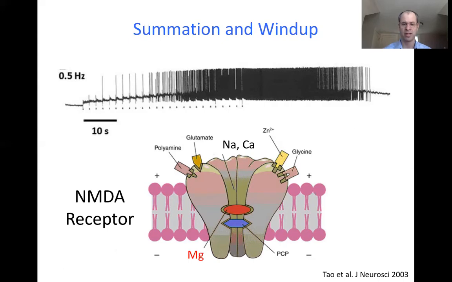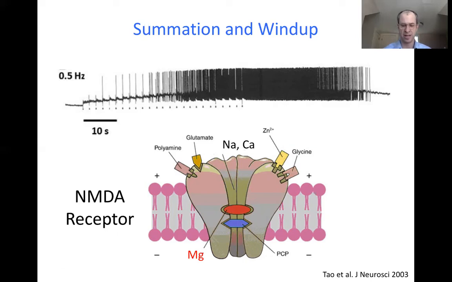Molecularly, this is thought to reflect release of the NMDA receptor, which is a type of glutamate receptor, from block by intracellular magnesium and polyamines, so that with prolonged stimulation, these blockers of the pore are removed, and there's free flux of cations, sodium and calcium, into the cell.